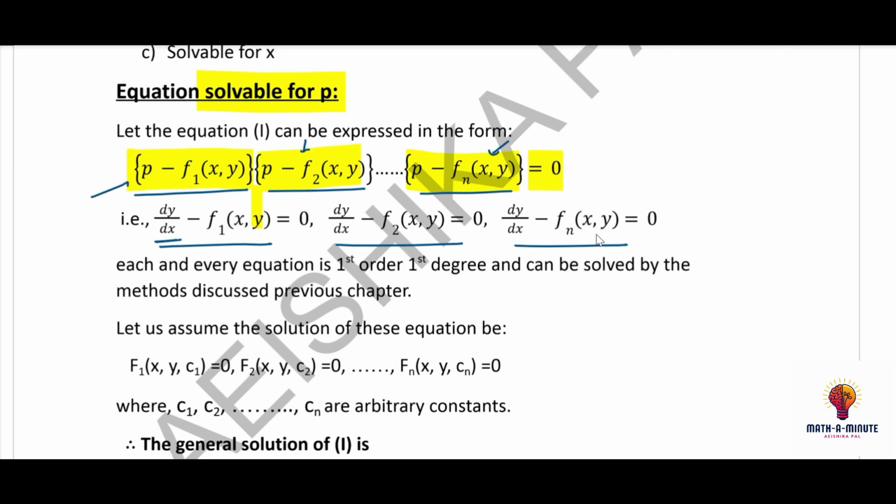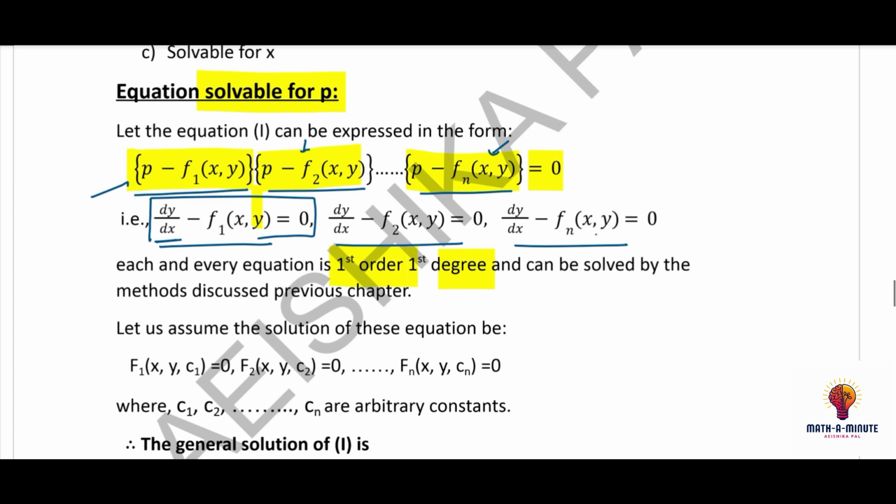If you look, each and every equation here is first order first degree. In previous videos, we explained how to solve a first order first degree differential equation. So using those methods, we solve each of them.